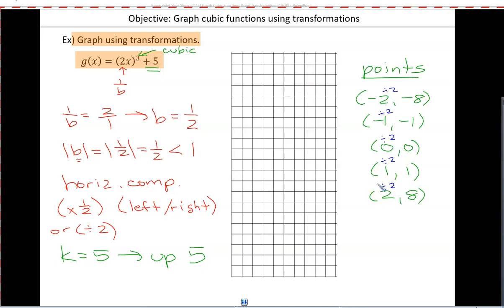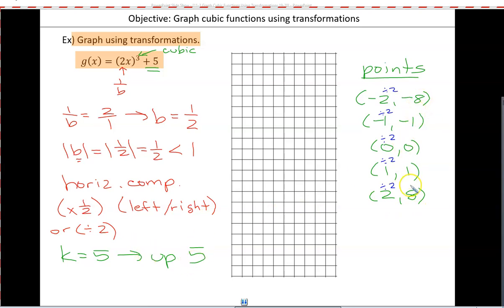Realizing that right now helps me realize, well, that's going to push everything really close to the origin and the y-axis, and so it might be a good idea then to use a scale of 1/2 unit for our x-axis. We don't have to worry about changing the y-axis scale because the only thing that's going to happen to these y values from -8 to 8 is that they're going to go up 5.